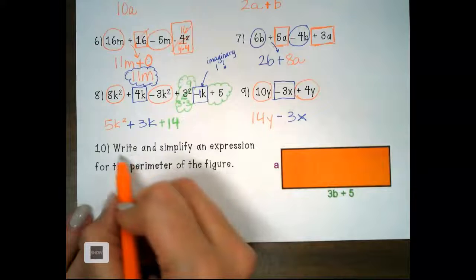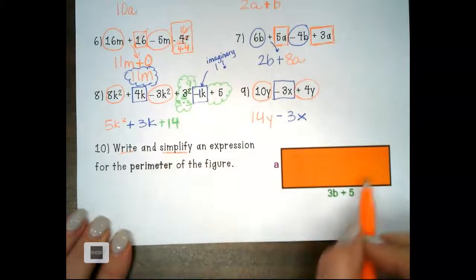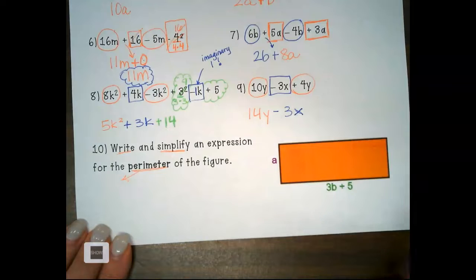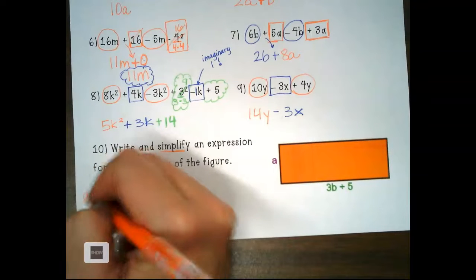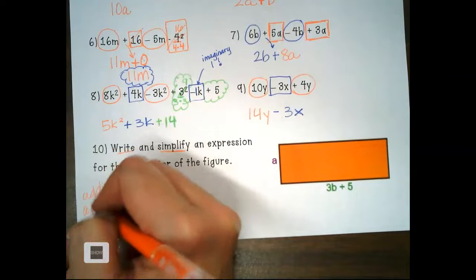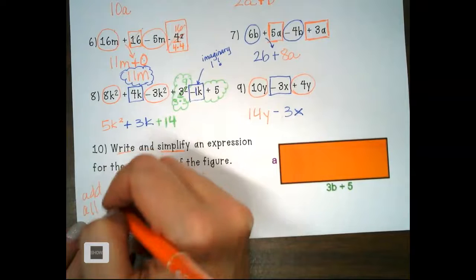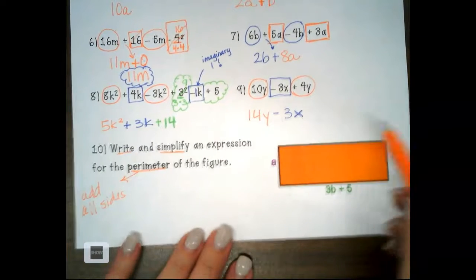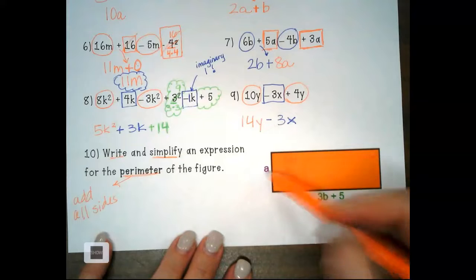The last one says to write and simplify an expression for the perimeter. Okay, perimeter means you've got to go all the way around, so you're going to add all sides. Well, with rectangles, we know there's 4 sides, so we can't just add these 2.